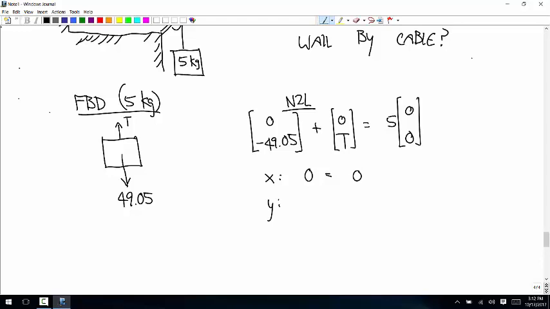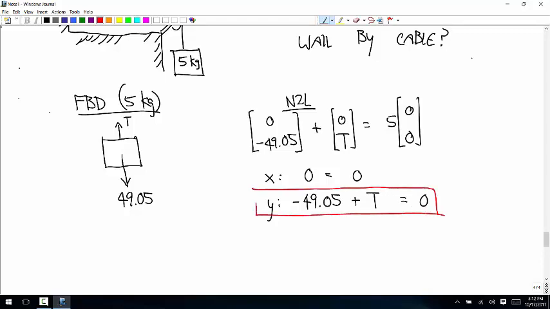The y equation says negative 49.05 plus T is equal to 0. And so from the y equation, we get that T is equal to 49.05.